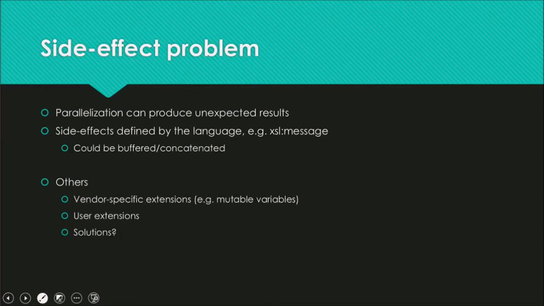There can be, for example, mutable variables that processors provide as vendor-specific extensions, and users can write their own extensions and call functions with side effects. So this probably has no real solution. If a user decides to do this, he has to take some measures to prevent race conditions in his code.